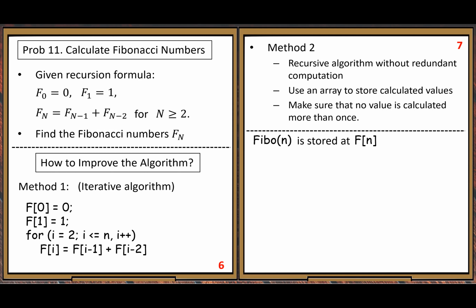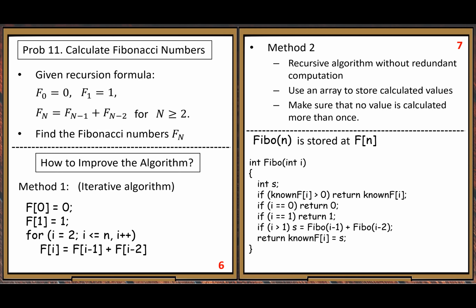We store the function fib of n value in the F array. Initially, we set the array to 0. Here, we use the array called known F, meaning the Fibonacci values that are known, non-zero values.